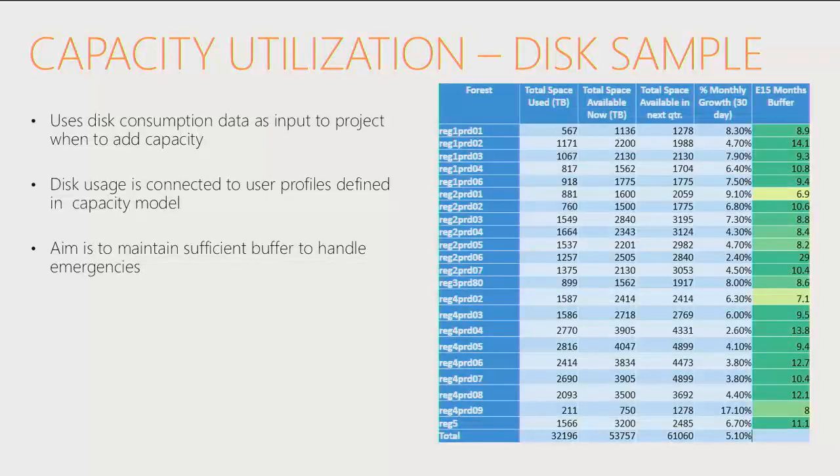We keep a very automated and a very close cadence on these things to see how much space is used right now, how much is available, what is the incoming rate of data, what is the monthly growth rate for that specific forest, and most important, how many months or weeks worth of capacity is available in that specific logical unit, so that our procurement and our capacity modeling and all those activities can stay in sync.